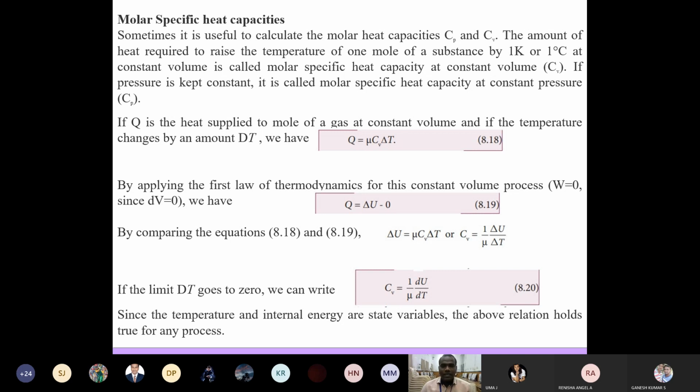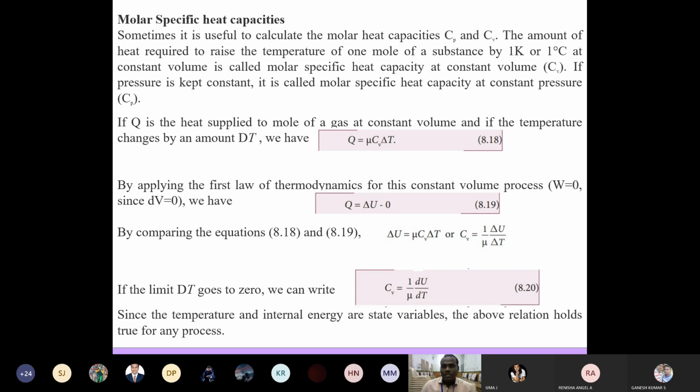If the limit dT goes to 0, we can write the equation Cv is equal to 1 by mu dU by dT. So we can rewrite delta U as dU and delta T as dT.